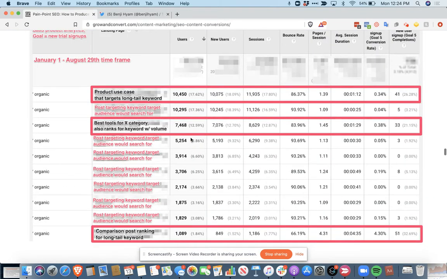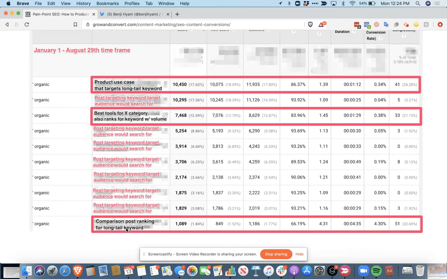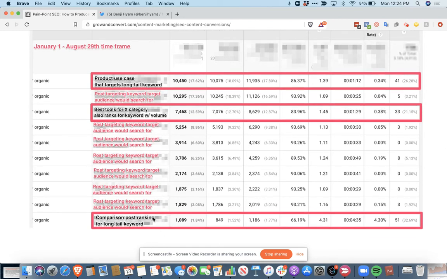So basically, these highlighted ones in pink are the pain point SEO posts, versus the ones that are not highlighted, which are non-pain point SEO posts. So they're just going after a keyword with volume. And again, you can see that the conversion rate for these 3 blog posts is much higher than all of these other ones. So that backs up this whole argument that buying intent is the most important.